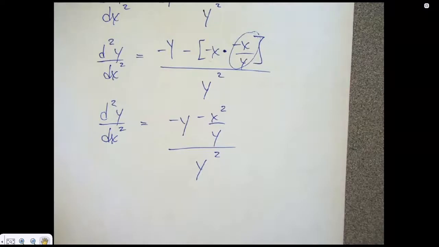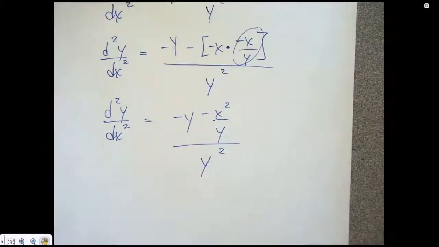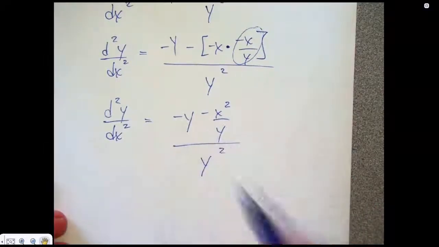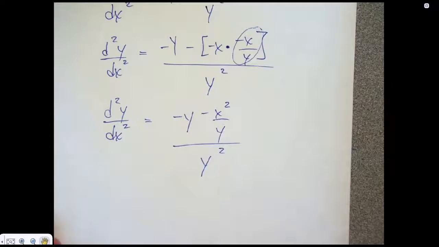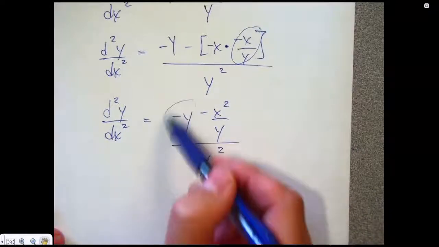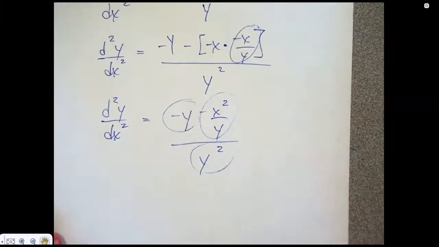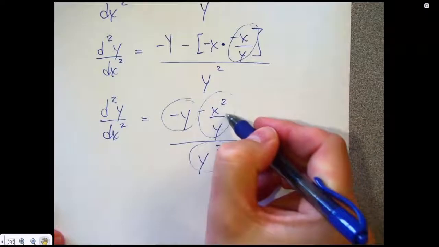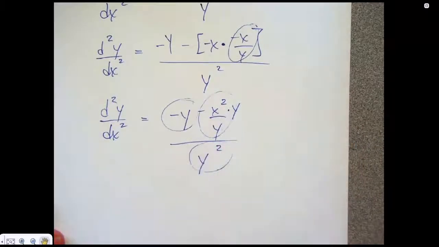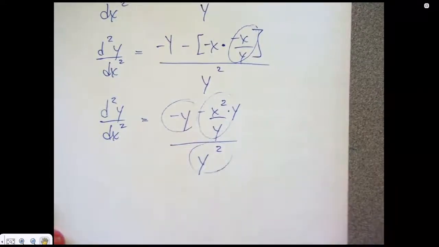Okay. So the next thing I have to do is handle this fraction over a fraction. So how many terms do I have in this problem? 3. 1 there, 1 there, 1 there. So to get rid of this y in the bottom, I'm going to multiply by a y on top. But if I do it to one term, I've got to do it to all the terms.